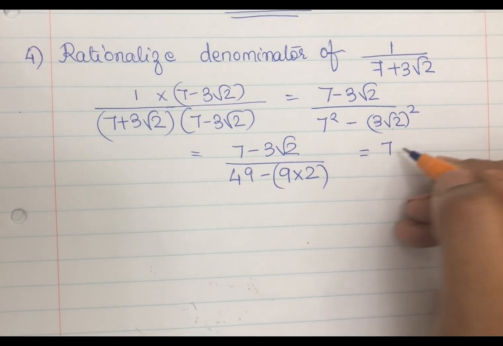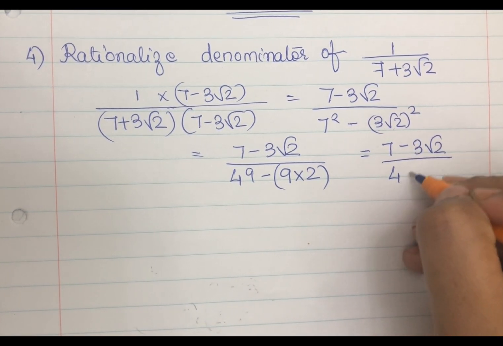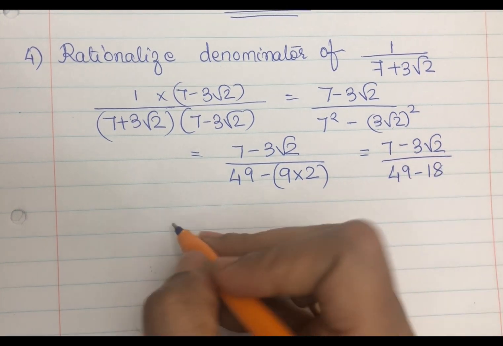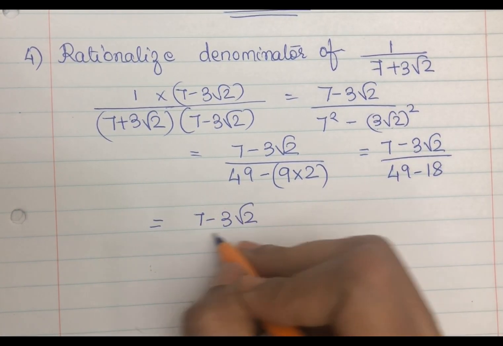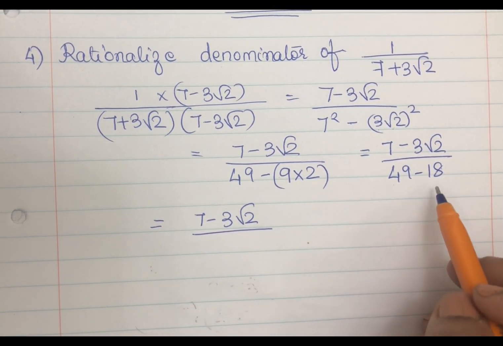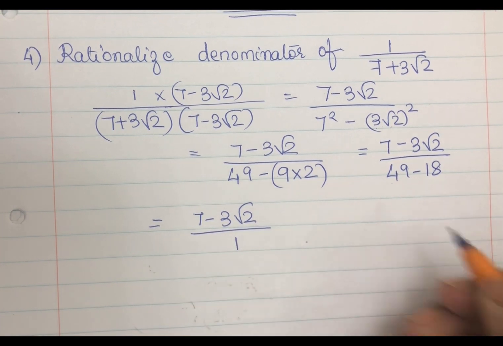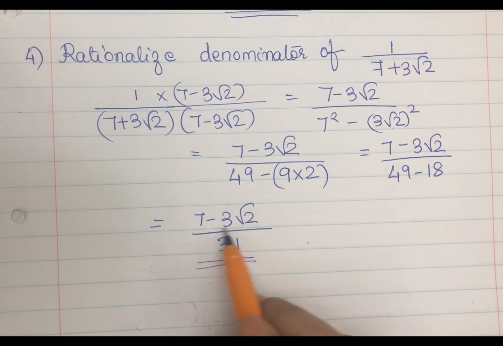So 7 minus 3 root 2 by 49 minus 18. What is 49 minus 18? It will be 31. So the answer is 7 minus 3 root 2 by 31.